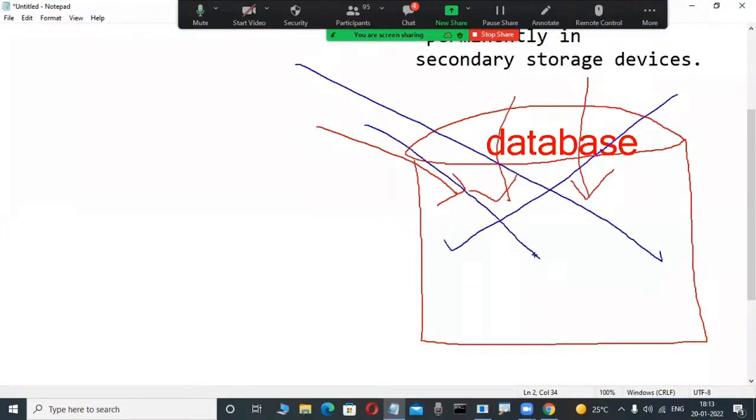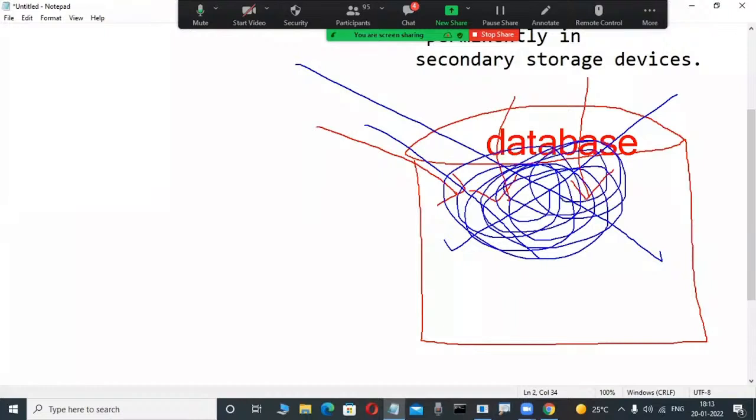Actually, databases like Oracle, SQL Server, DB2, Sybase, Informix, Ingres and Teradata do not store a random collection of data.